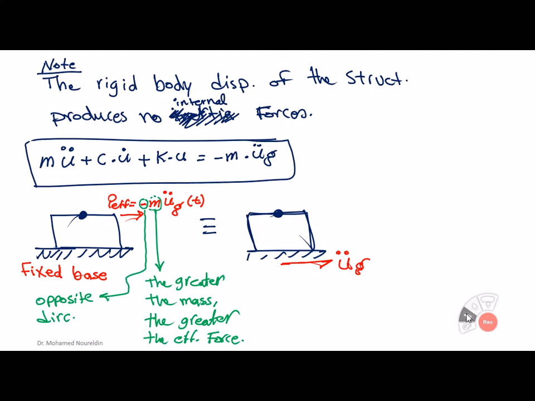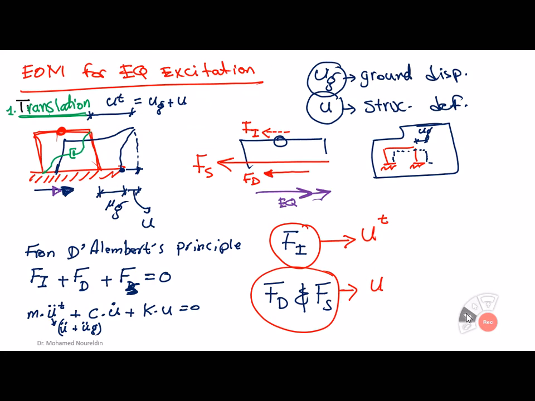First of all, we have the translational case, where the ground excitation is going to move only horizontally. And we said that there are two components here.